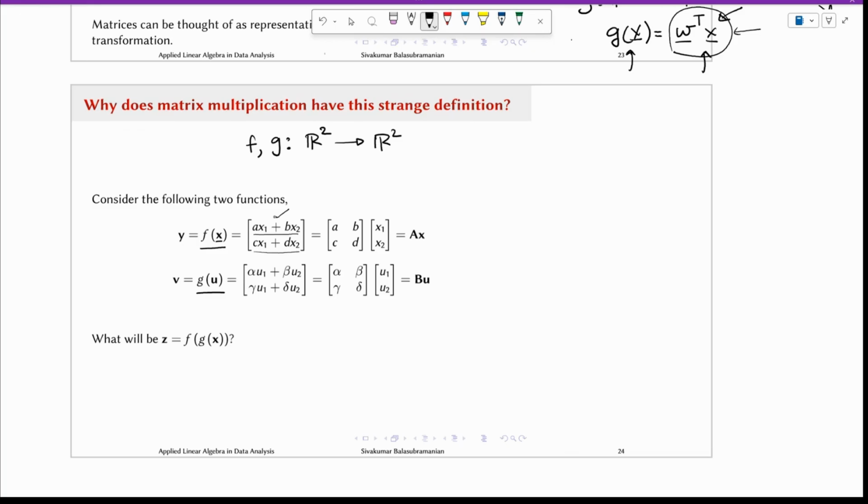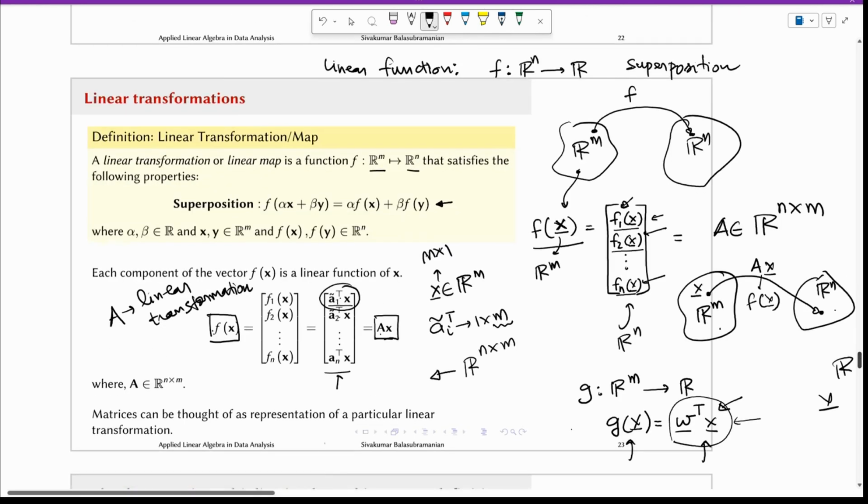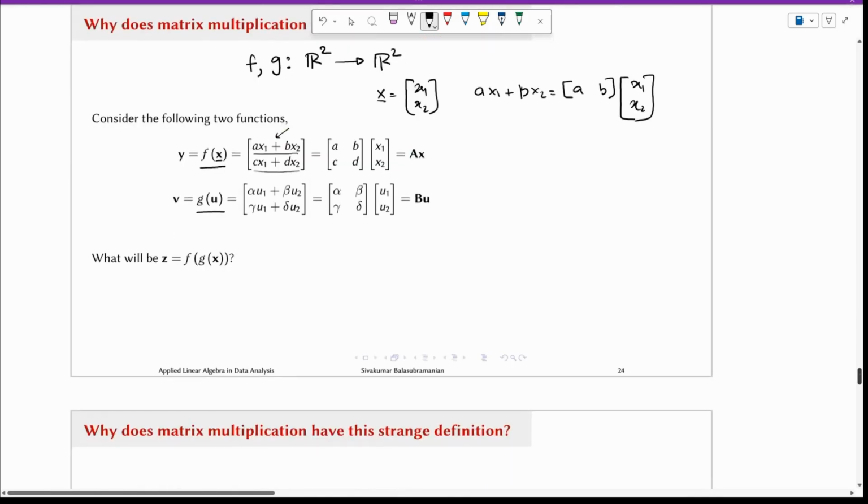Or another way to think about this: if X is X1, X2, then AX1 plus BX2 can be written as the inner product of A and B with X. This is exactly what I've written here. Each element is an inner product of a vector with X. And the second element is simply the inner product of C and D with X.